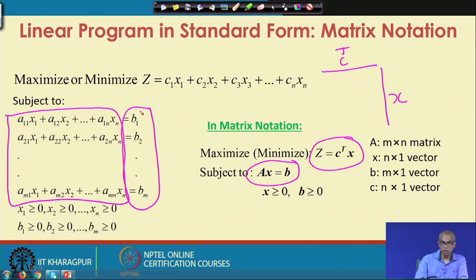So, if any of these b's is negative, you have to multiply both sides by -1. So, that right hand side part becomes positive, and then you have these non-negativity statements: x greater or equal to 0, b greater or equal to 0.